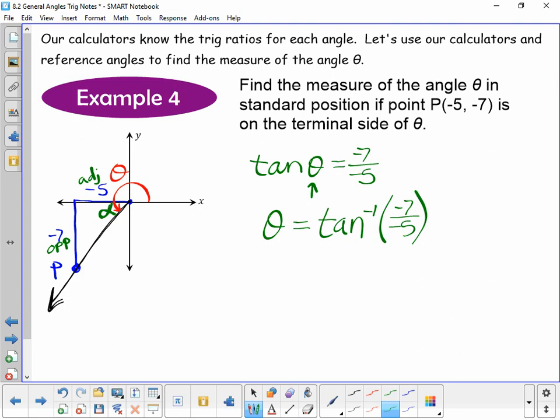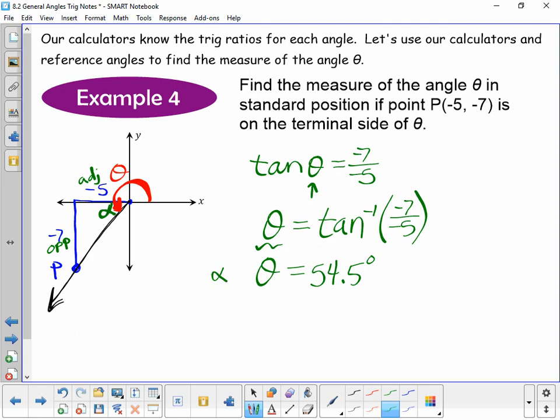And our calculator tells us that the angle is 54.5 degrees. Well, that's not theta. Theta is this red angle. Theta is bigger than 180 degrees. When you do this inverse tangent in your calculator, the calculator's not actually giving you theta. It's actually giving you the reference angle alpha.